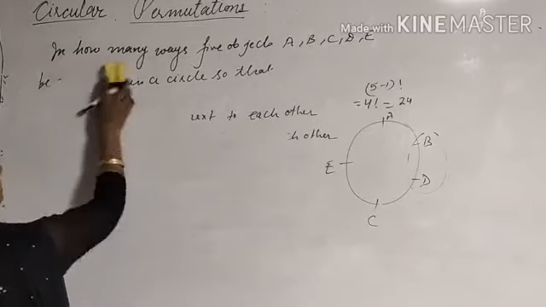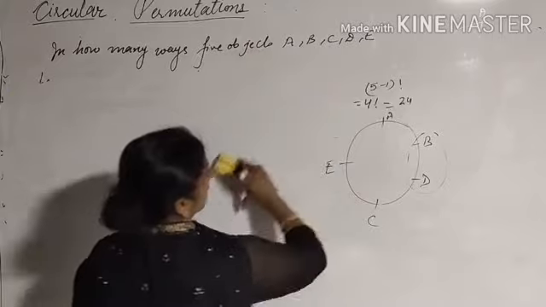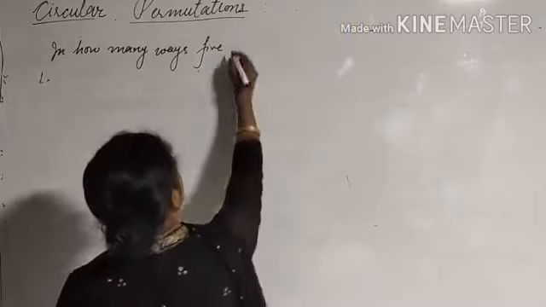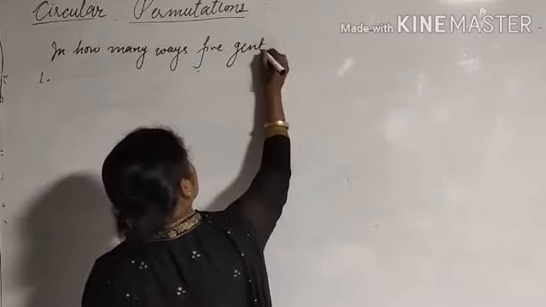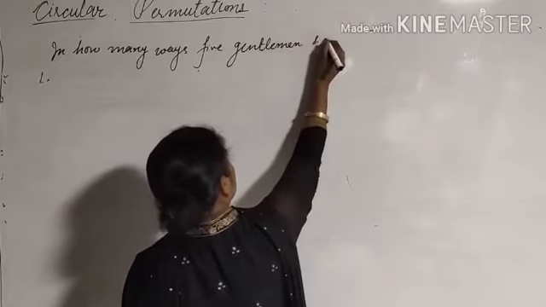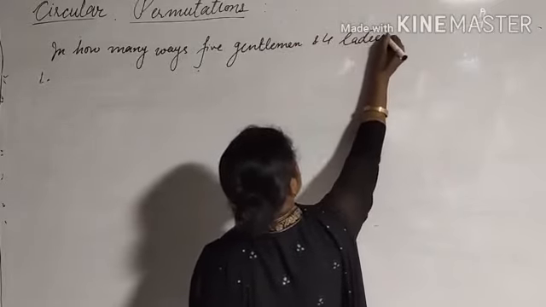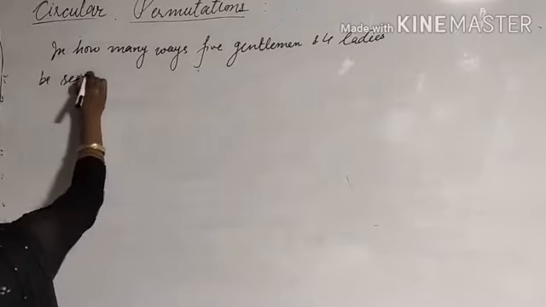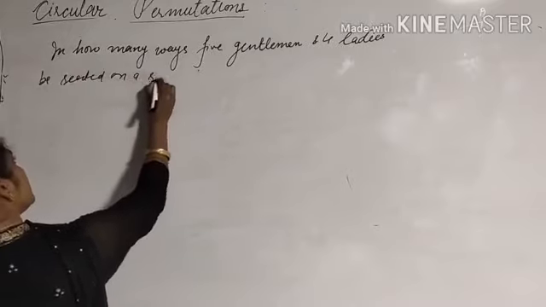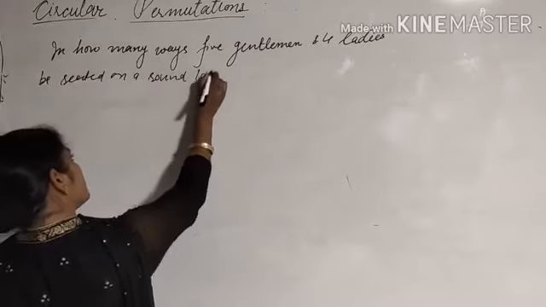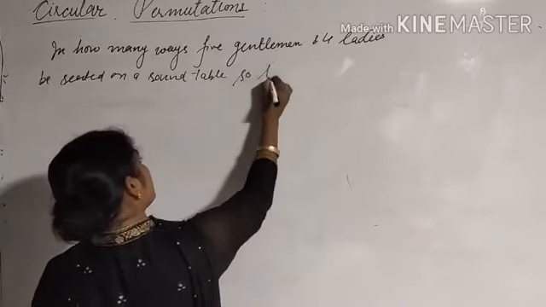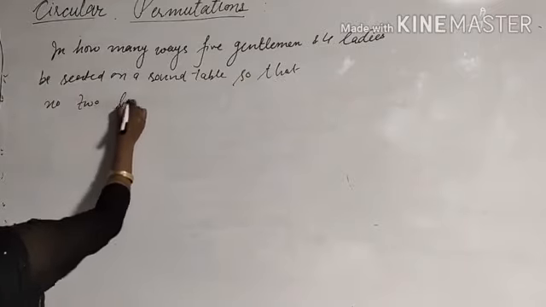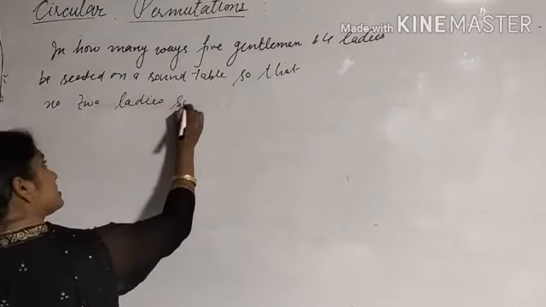In how many ways can 5 gentlemen and 4 ladies be seated on a round table so that no 2 ladies sit together?